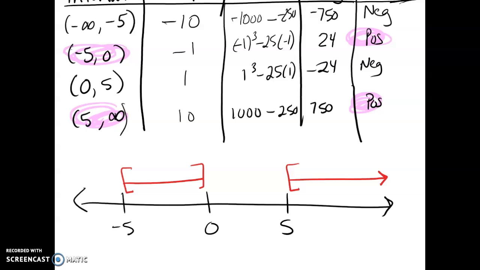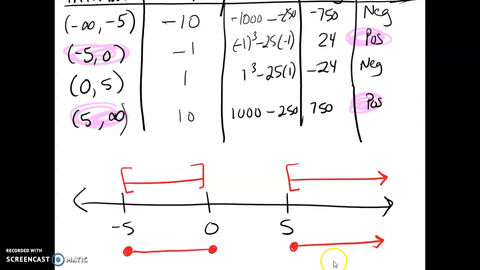So you can use the bracket symbols, or if you're drawing it by hand, some books use a closed dot. Our book and WebAssign uses the bracket symbols. So this is how it would look. And so that's our answer.